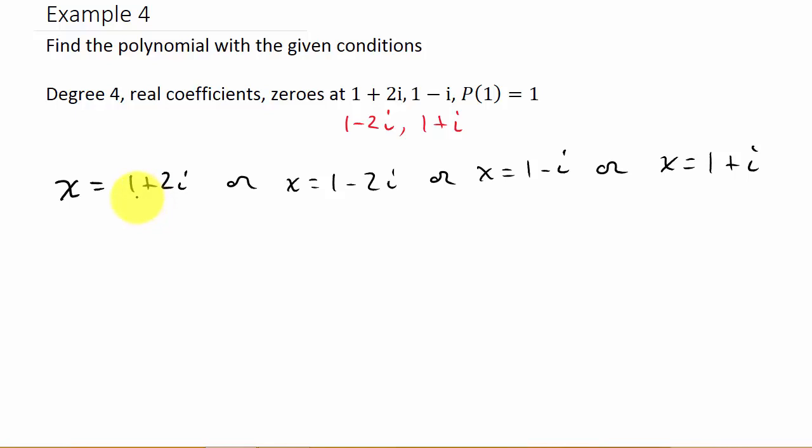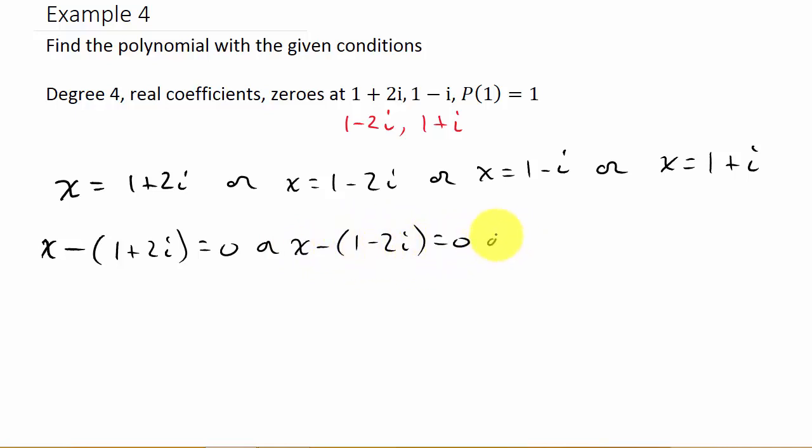So if I move all of this over, I get x minus 1 plus 2i equals 0, or x minus 1 minus 2i equals 0, or x minus 1 minus i equals 0, or x minus 1 plus i equals 0.